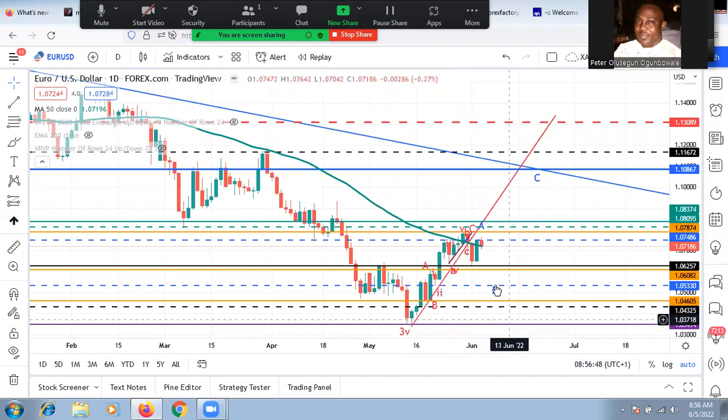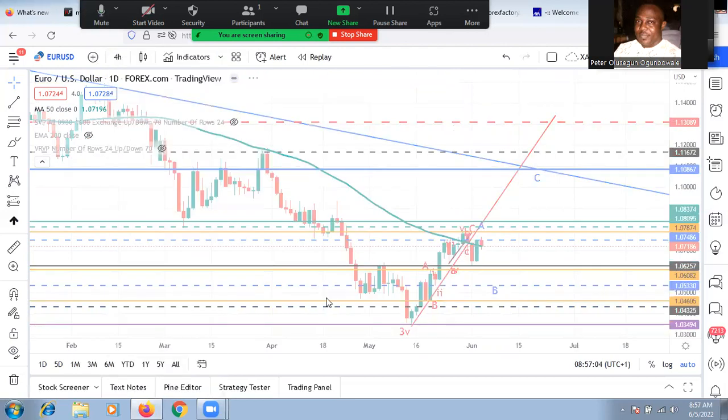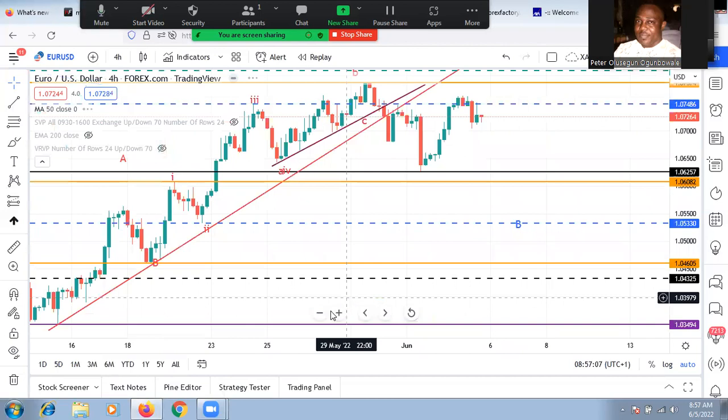And I believe that between these, where you have this golden yellow, these are the areas we're going to really now map out and see what kind of structure we are seeing in the middle. Let me go to 4 hour time frame to see what we are seeing in the middle.